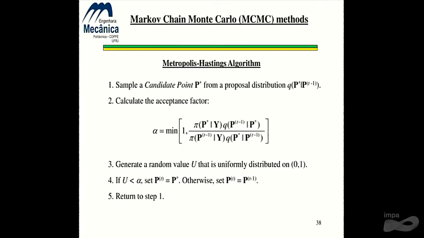So U has a uniform distribution in this interval. And if U is smaller than alpha, then we accept the candidate point. Otherwise, we reject the candidate point, and we make the vector at the state t equal to the vector of the state t minus 1. Okay? And then we repeat this until we get sufficiently happy, and we hope that we are going to get a Markov chain that will represent an equilibrium posterior distribution.